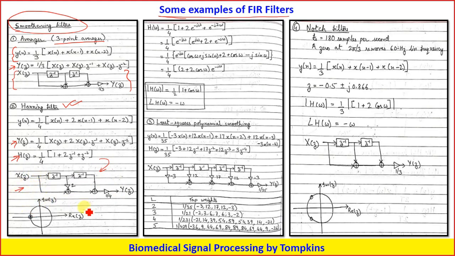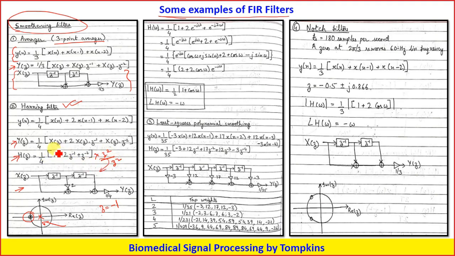Okay, then from here, if we want to plot the pole-zero plot, we will find that there are two zeros at z equals minus 1, and obviously there would be two poles at the origin because it is an FIR filter. Why would you get that? Because for the calculation of the zeros, we have to multiply both the numerator and denominator with z square.